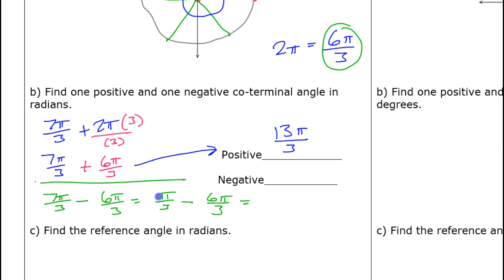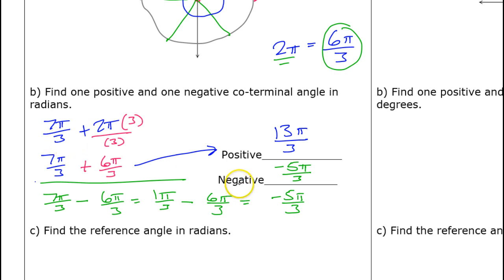So if I do this, it's like 1 pi minus 6 pi, that's negative 5 pi. So I might as well write this on the line: negative 5 pi over 3. So there are my positive and my negative coterminal angles. In short, if you want to get positive coterminal angles, add 2 pi, and you'll have to modify it to make like denominators.